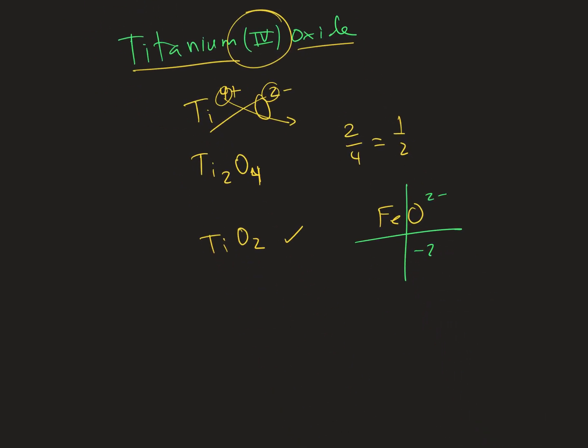There's only 1. So it makes it 2 plus. Iron, Roman numeral 2, because that's the charge. Change the ending to IDE. Yay? Nay? What else?